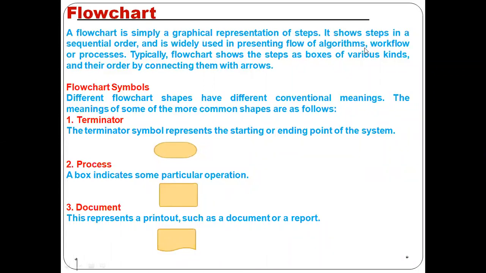You know what an algorithm is? Before working on anything, you need to make a plan first. So this is a starter: how you have to make a program, what is the start, what is the process, what is the document, how to print, how to exit. You must know all about it.